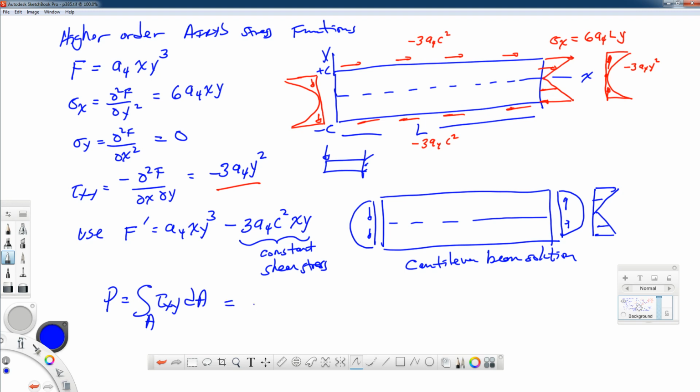More explicitly, we can take our thickness to be 1 and integrate from the top to the bottom, and then we'd have the 3a4 times c squared minus y squared dy dz, and we can find out how these coefficients relate to our applied load P.